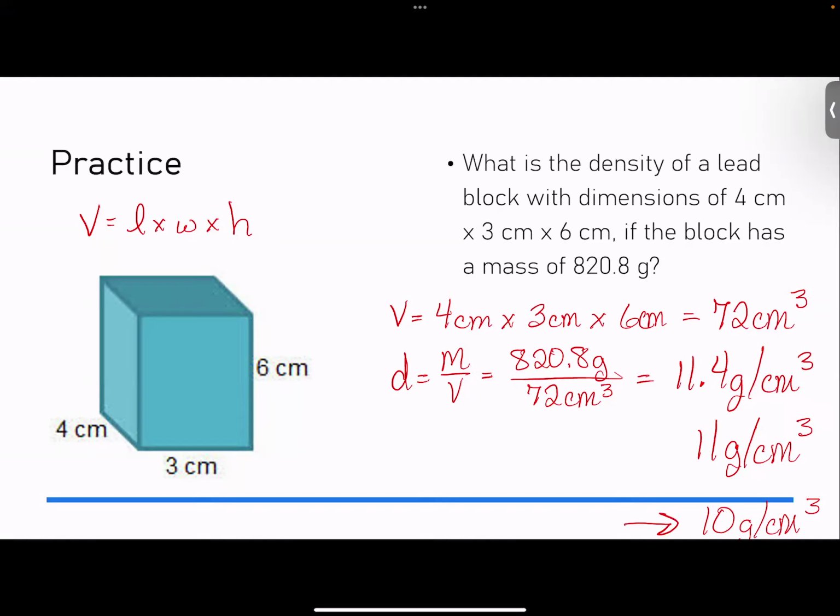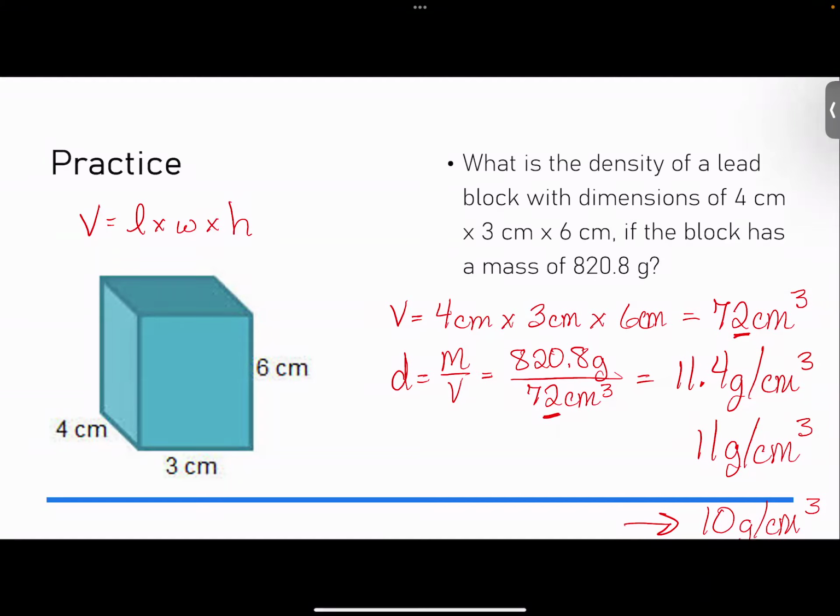Let's talk why. One significant digit times one significant digit times one significant digit means that we should have one significant digit. Then we have four significant digits divided by one significant digit.